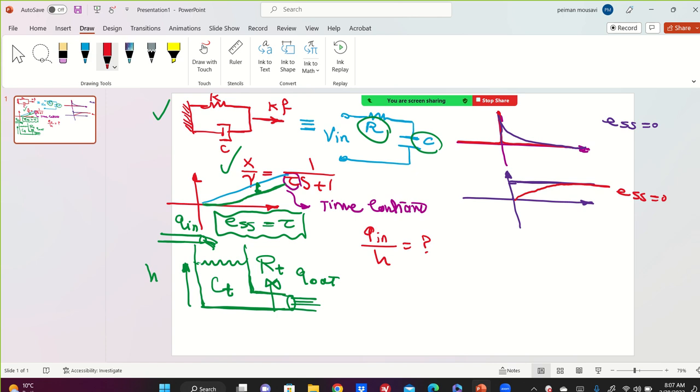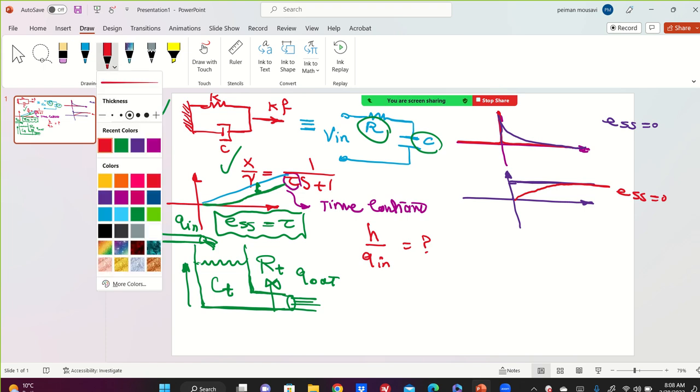Or I want to see exactly the reverse, H over Q in. Maybe we calculate other transfer functions. The output is H, with Q in as the input to the system. This is the closed loop transfer function.